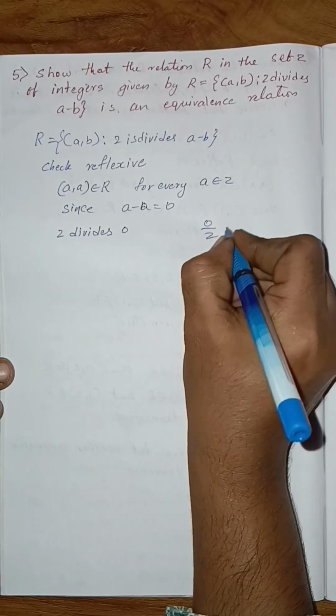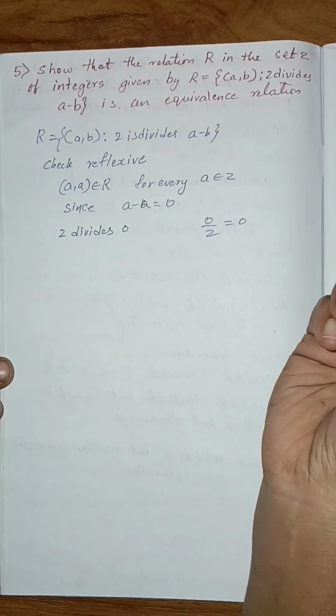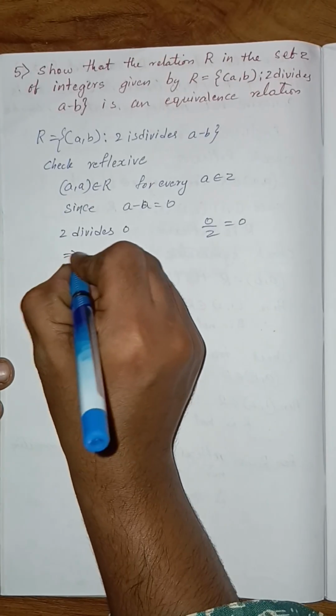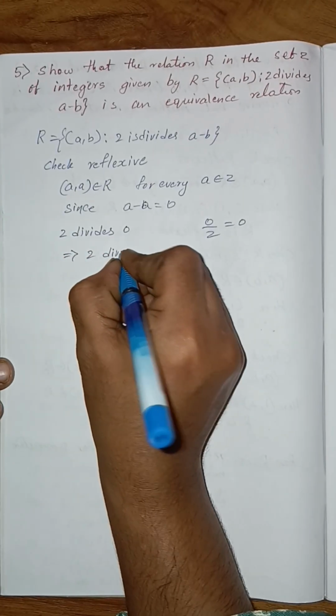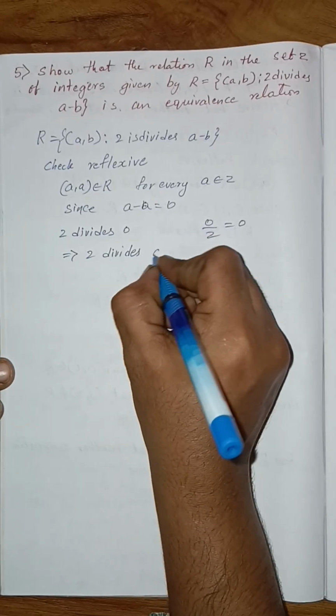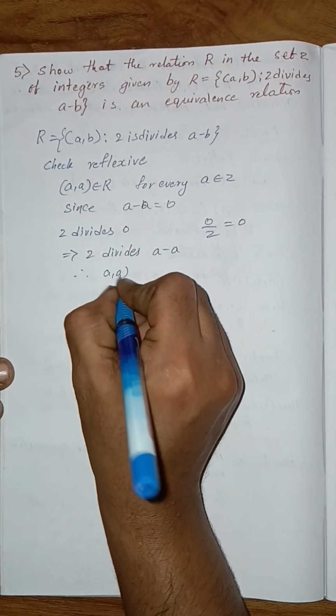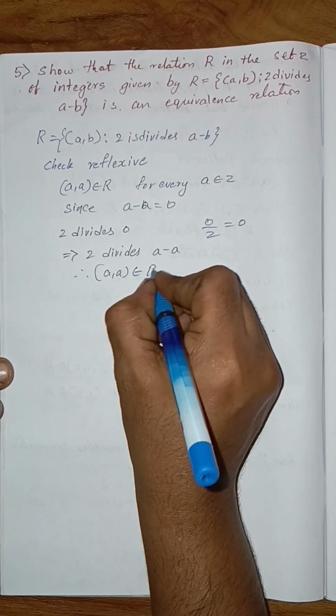Obviously 2 divides 0 gives 0, which is an integer only. That implies that 2 divides a minus a. Therefore (a, a) belongs to R.